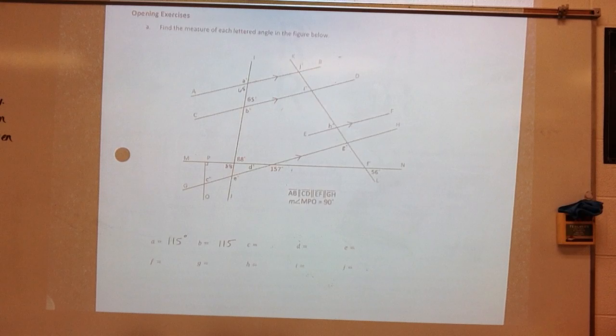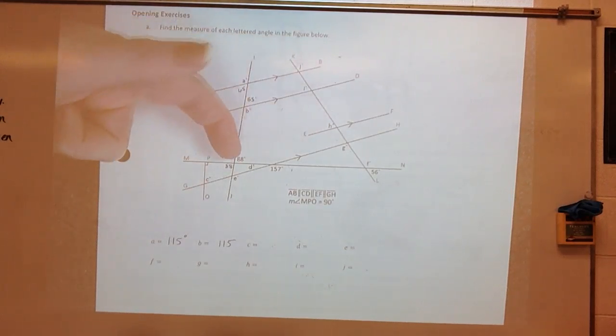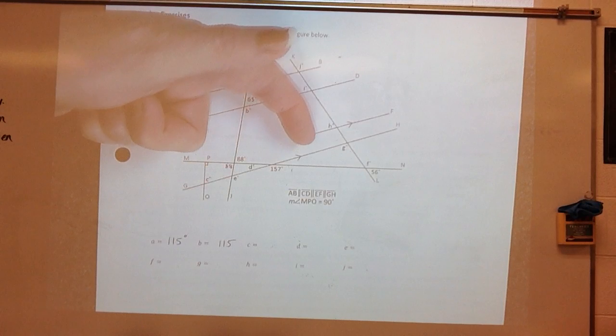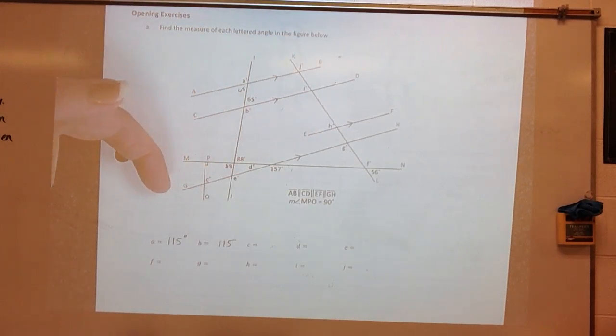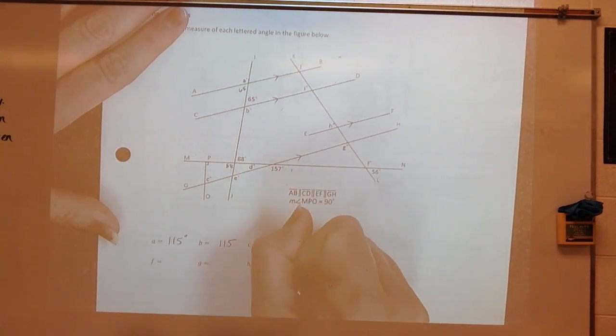Like I said, I don't have parallel lines. But what if I drew a parallel line here? What if I extended my parallel line here? All right, maybe that would help, possibly. You should have figured out that angle C was 67 degrees.